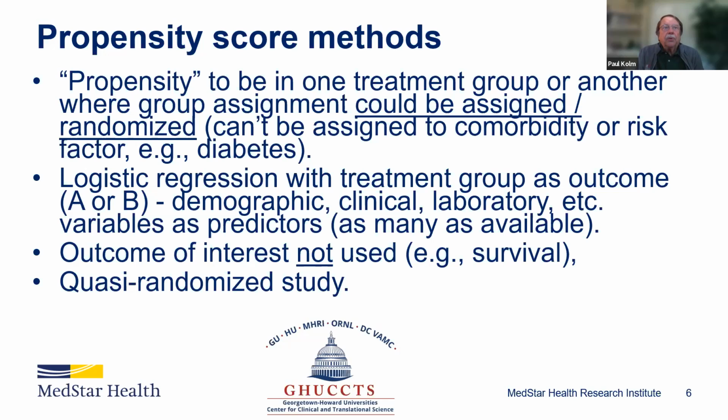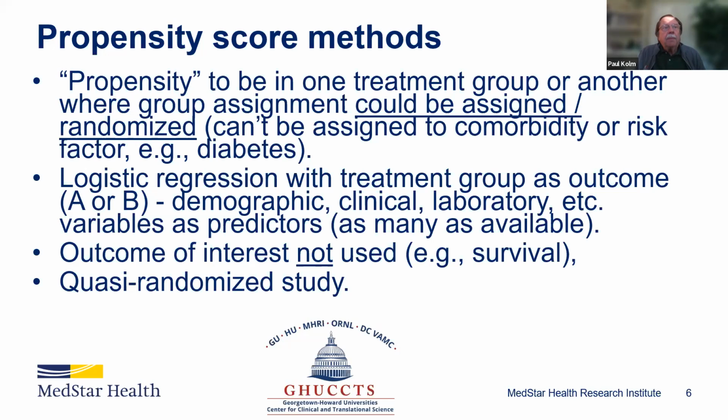What you can't use in the logistic regression equation is the outcome. For example, if it's survival or lower blood pressure or whatever it might be, that cannot be a variable that's included in the logistic regression to generate propensity scores.